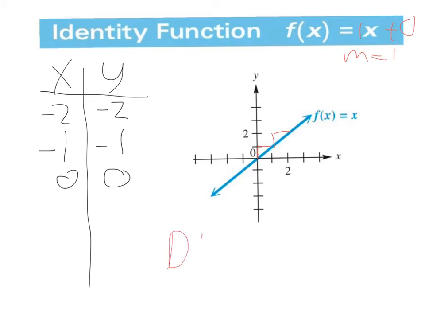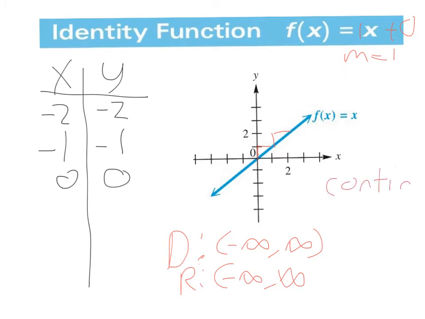Now the domain, you notice it keeps going to the left or right. There are no discontinuities, so the domain is from negative infinity to positive infinity, and the range is also from negative infinity to positive infinity. And determine where it's continuous. It's continuous over the entire domain from negative infinity to positive infinity.